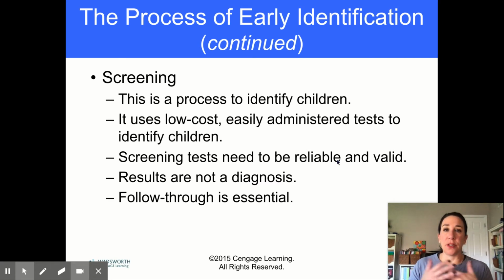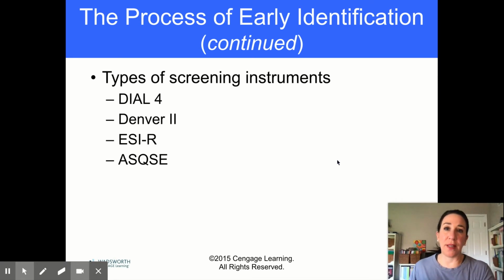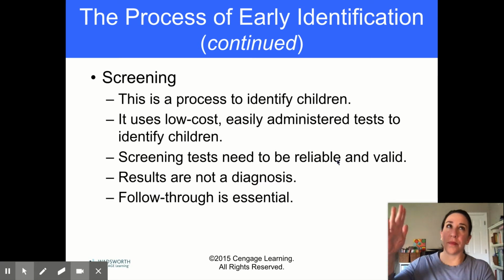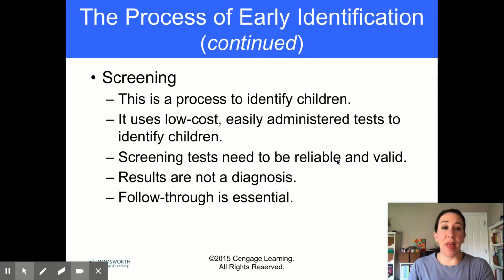Screening is looking at the child, doing a variety of different screening instruments. You may have heard of ASQs. Looking at the results of their screening, and then saying, okay, what we see is this. Now, what are we going to really look at? How are we going to follow through with this?